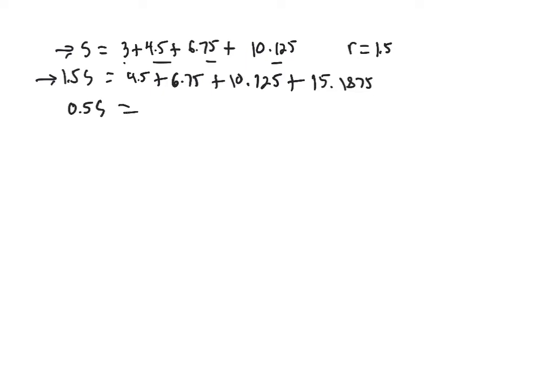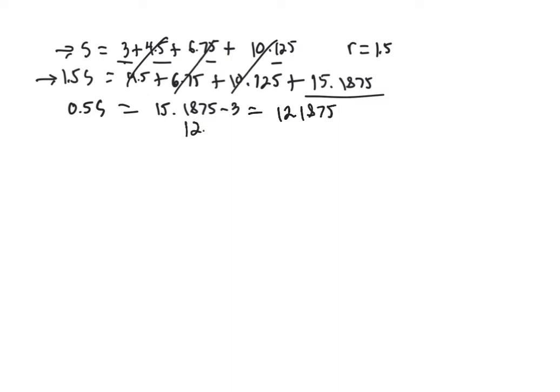Over here, we can see that all of these will cancel out except for the last term here and the first term here. So we end up with 15.1875 minus 3, which gives us on this side 12.1875.